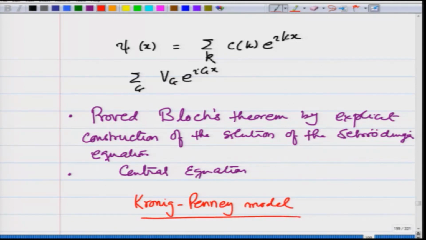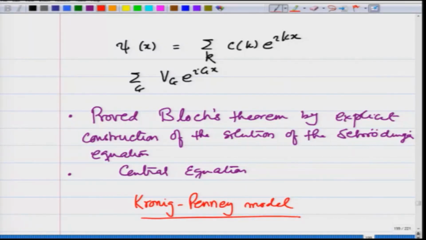And that can be solved exactly, and you will see how it leads to energy bands, and so it gives a good idea about what happens when electrons move in a periodic potential. So, I will stop this lecture here. Next lecture we solve Kronig-Penney model, which is an exactly solvable model.